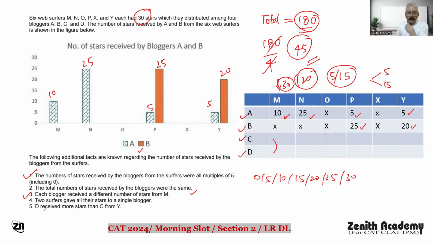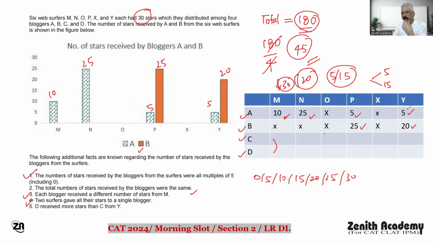Then 4. Two surfers gave all their stars to a single blogger, meaning all 30 stars to a single blogger. M is giving 10 to 1, so M is not in that category. N is giving 25 to 1, so the remaining 5 will go to another.